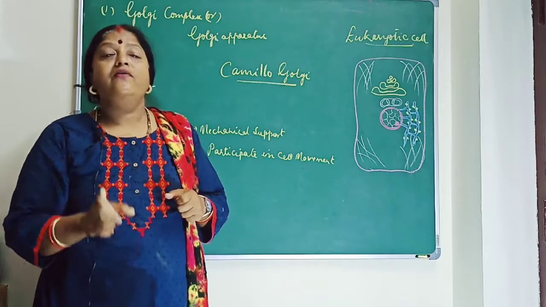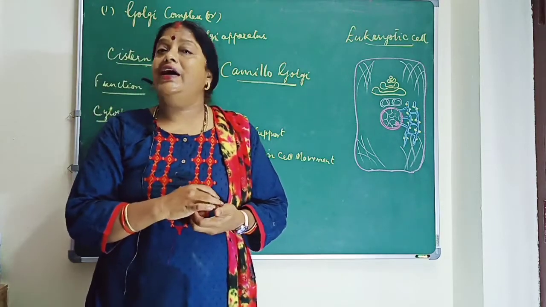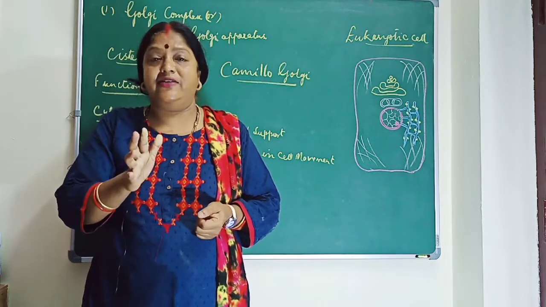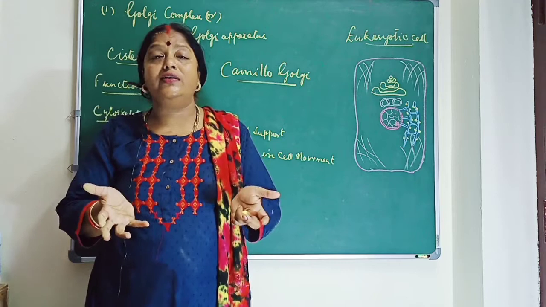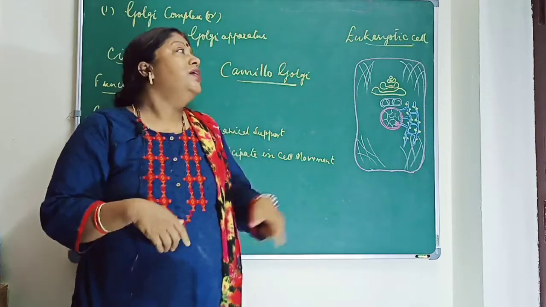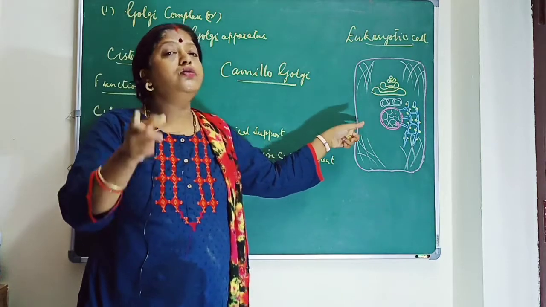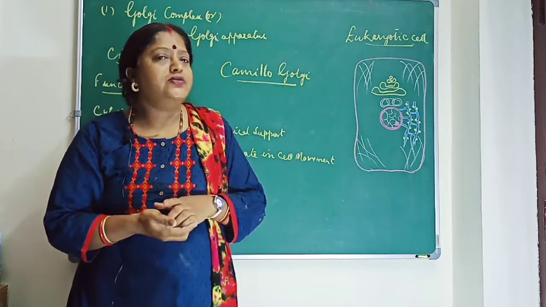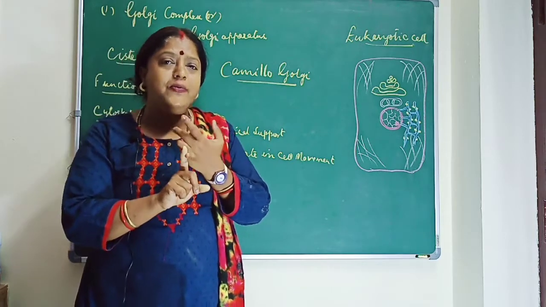We also studied that the lysosomes are called suicidal bags of the cell, isn't it? They kill themselves. Then if lysosomes are not there, how is the function of lysosome carried out? Golgi complex is also involved in the formation of new lysosomes. So what are the functions of Golgi complex?